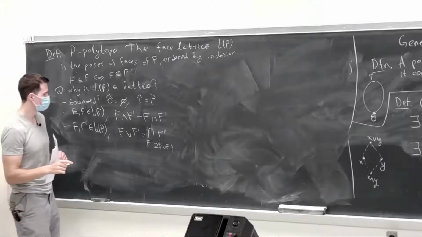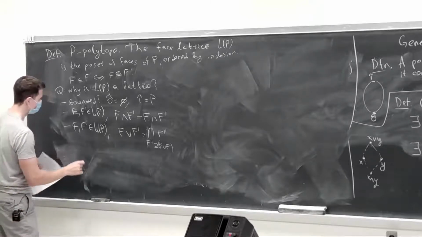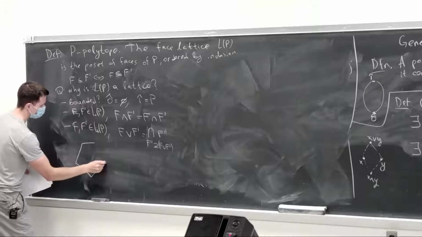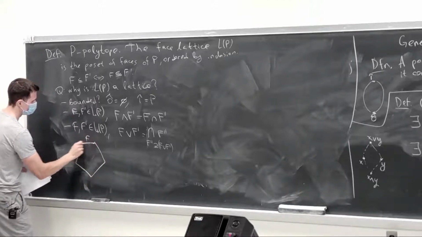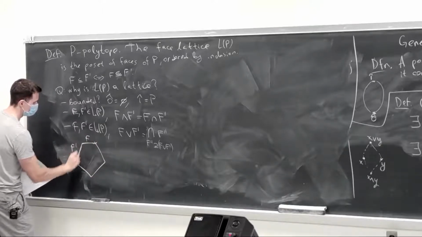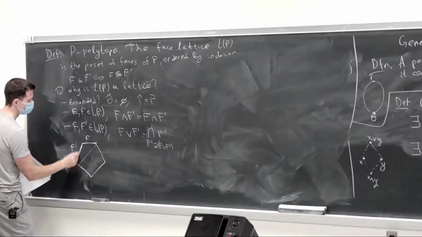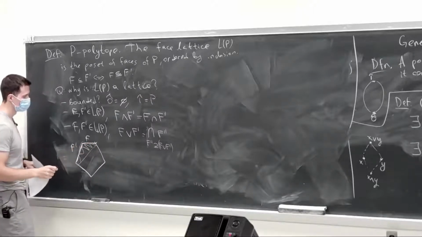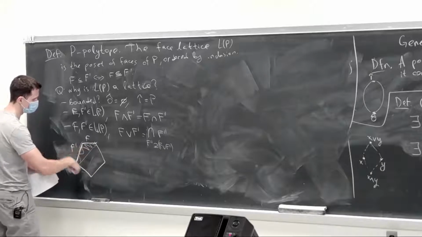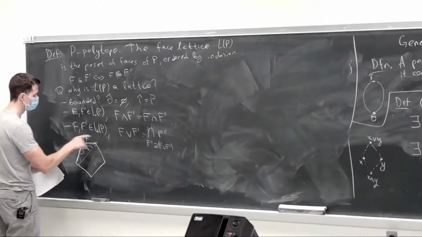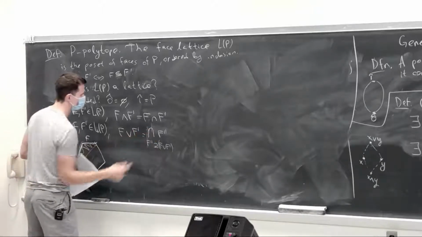It's not quite the convex hull, right? Because maybe if f is this edge and f prime is this edge, then you take the convex hull, you get some part of the face which contains both of them. So this definition works fine.